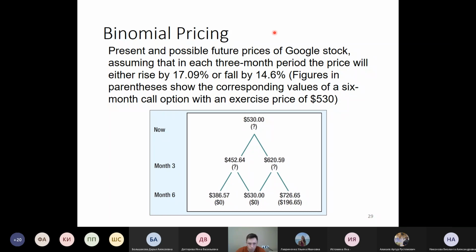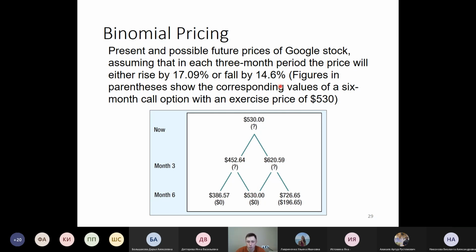We have some expectations of the price, so it can either rise by 17.09% or fall by 14.6%. So we started from 530, and it either goes up or down at the 3 months period, and again it either goes up or down.